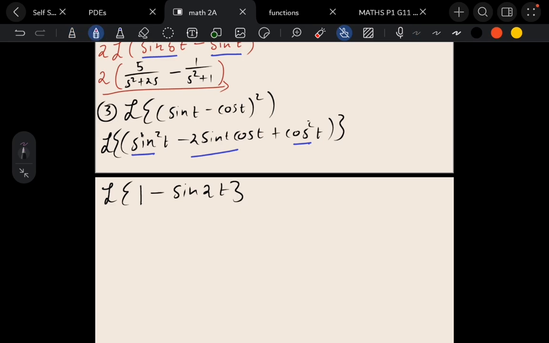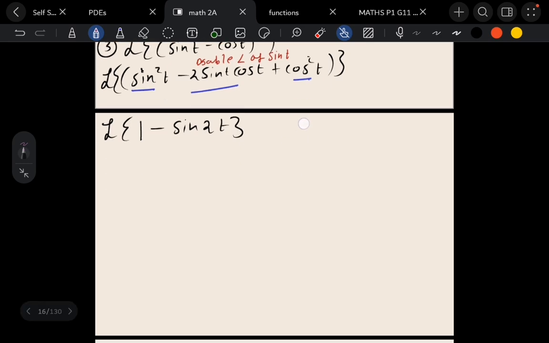You can just really see this is a double angle of sine t. So just keep this in mind: trigonometric identities, you need to play with your maths here.